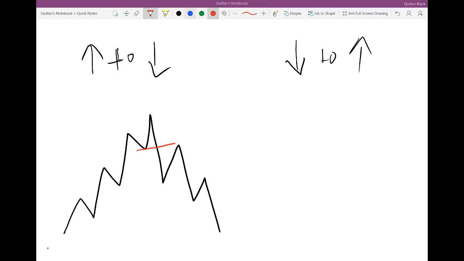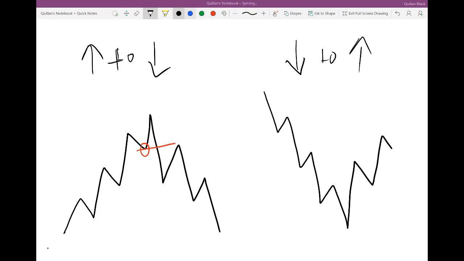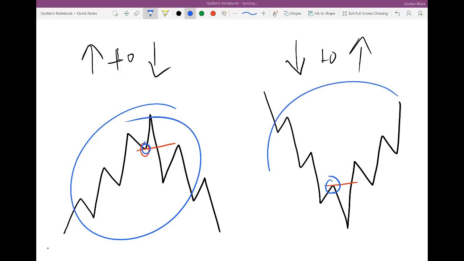The broken structure was right here when the market broke a higher low point, and in this example, this right here was a downtrend which broke a higher low right there. Circle this. That had to be broken. So the market overall transitions from an uptrend to a downtrend here, and a downtrend to an uptrend here, on the break of structure on the actual chart itself.